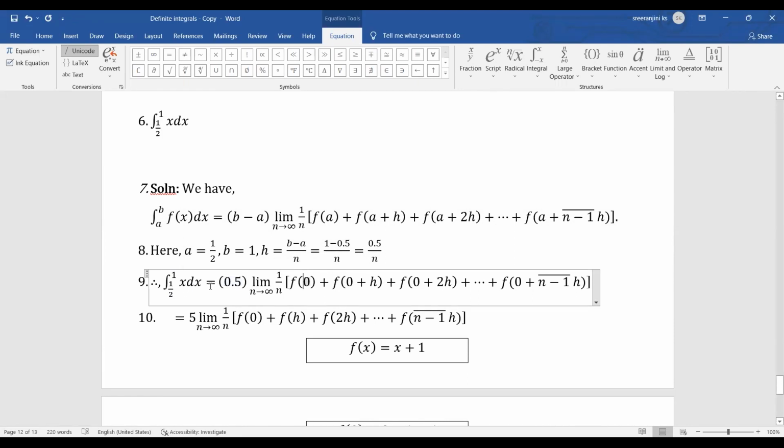Instead of 0 we need to write 1/2, because A is equal to 1/2 here.